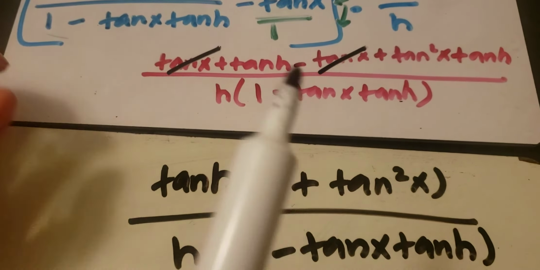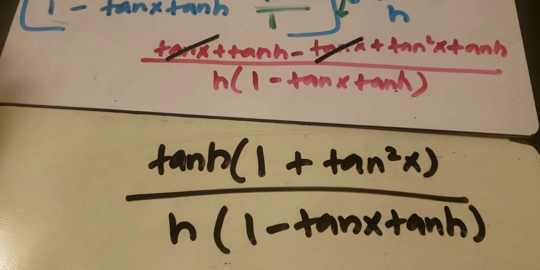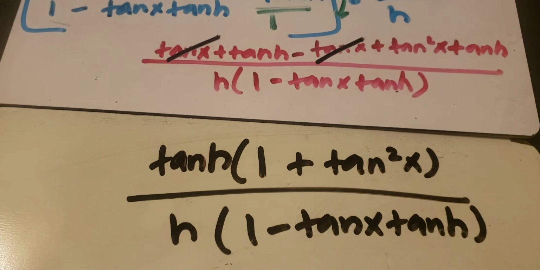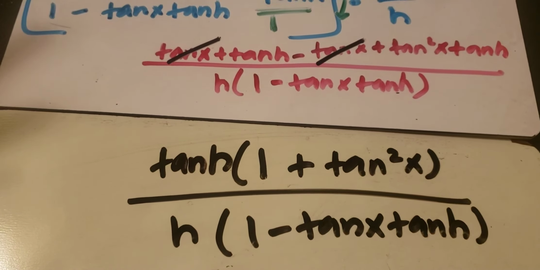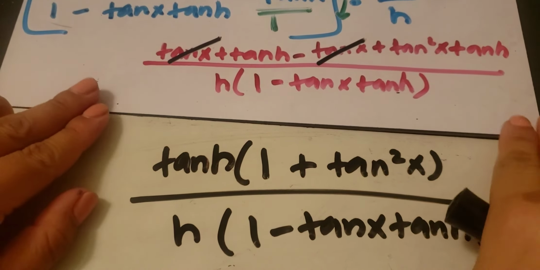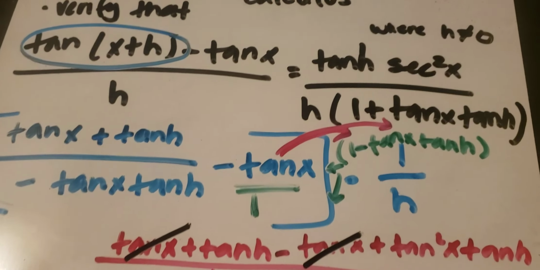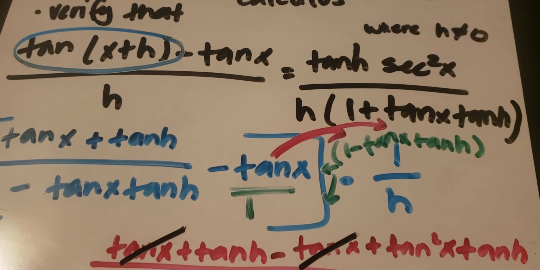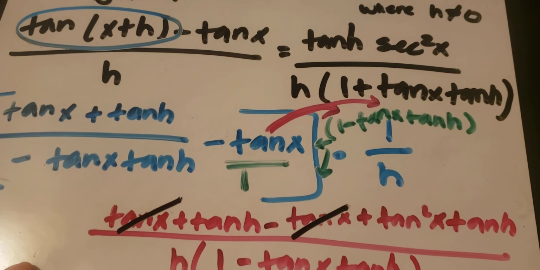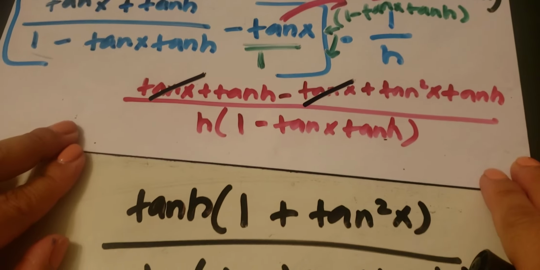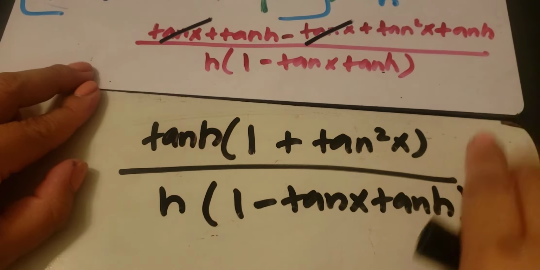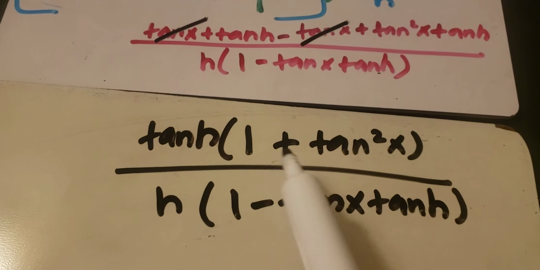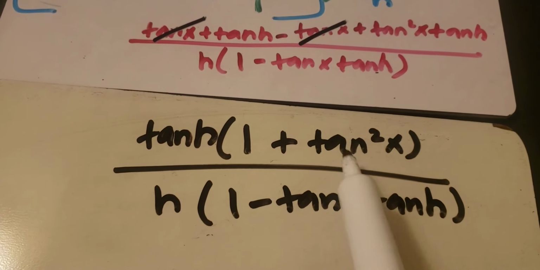If you look, we're getting super close to what we have. The only thing we're missing is that on top we have tangent of h times secant squared of x, and our denominators are exactly the same. Why can I change this to secant squared of x?